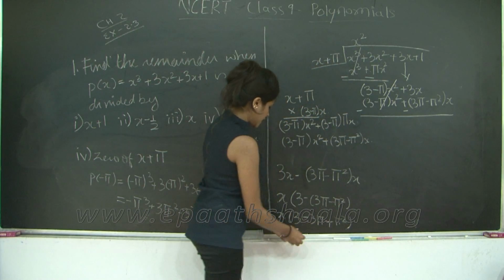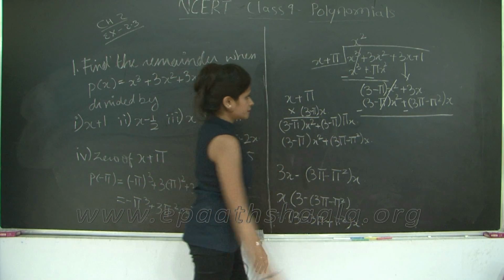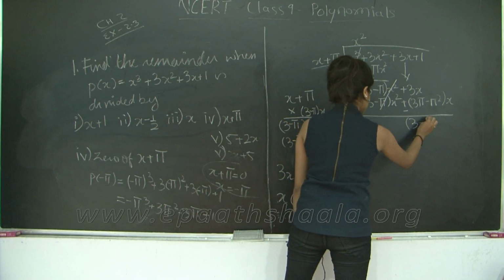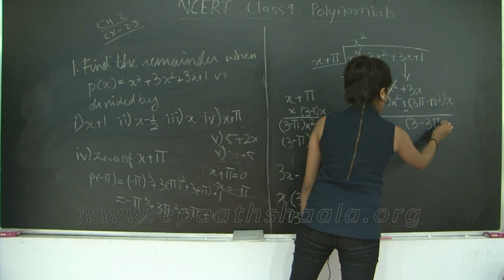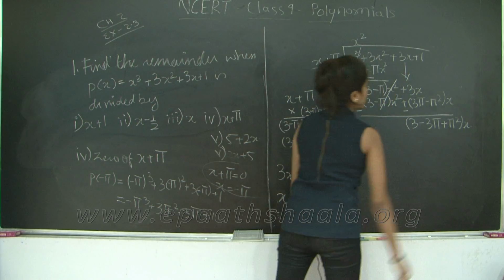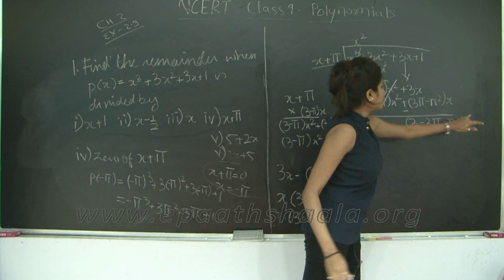So this is nothing but 3 minus 3 pi plus pi square into x. We are not yet done. We still have this term to come down, okay?